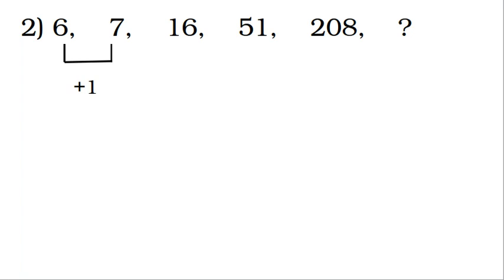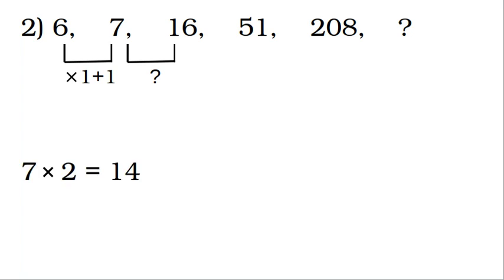Now, along with relating the numbers plus 1, I want you to get used to relating it even this way, into 1 plus 1. Now, can we relate 7 and 16 in the same way? 7 times 2 is 14. 14 plus 2 is 16.